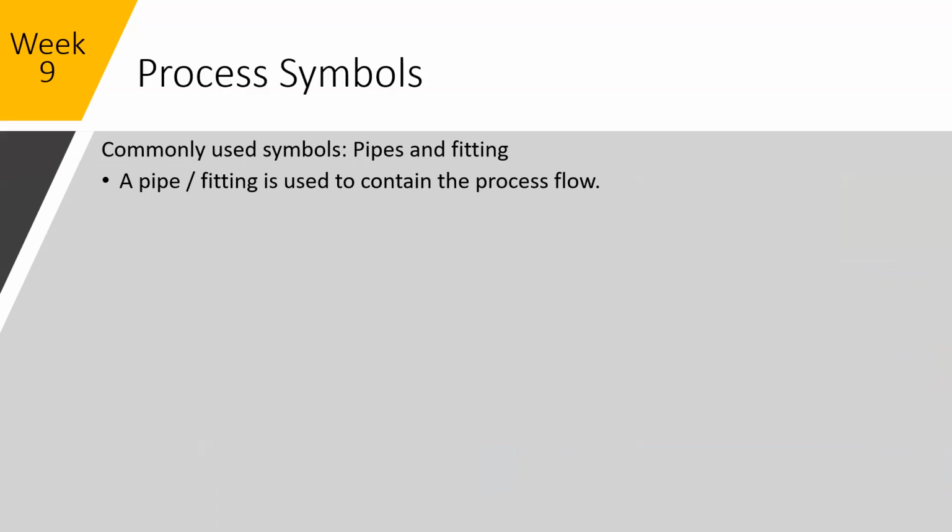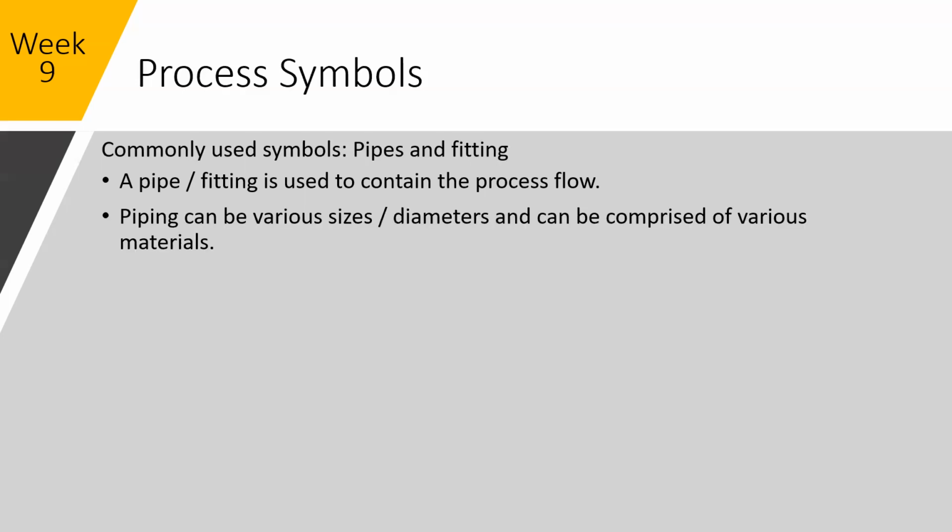If you're working with an air system, it could be PVC tube, whatever else tubing you would use for airflow. There'll typically be call outs for them in the drawing, so it'll indicate diameter and material for the piping. Piping can be various sizes, various diameters, and composed of different materials.